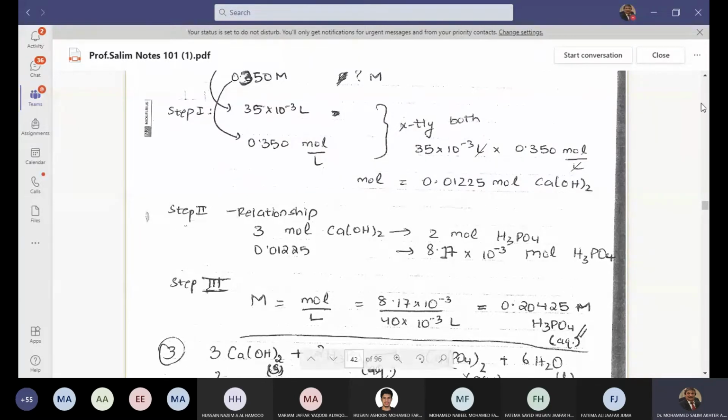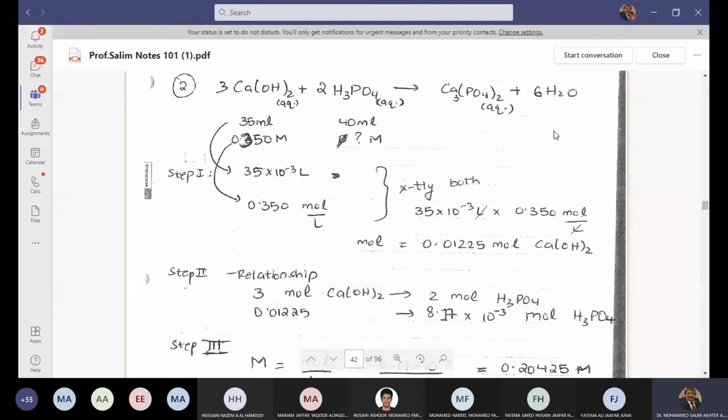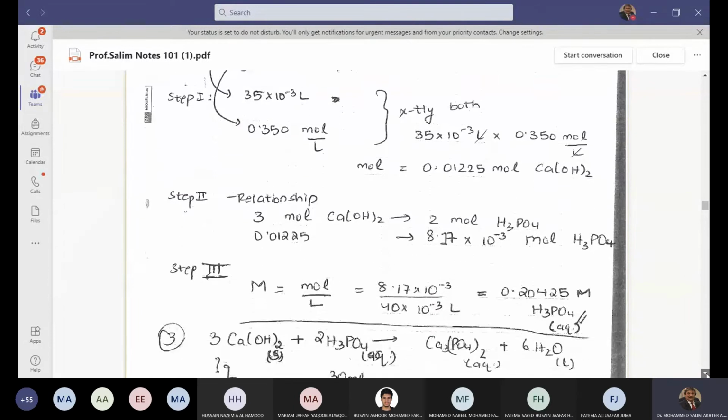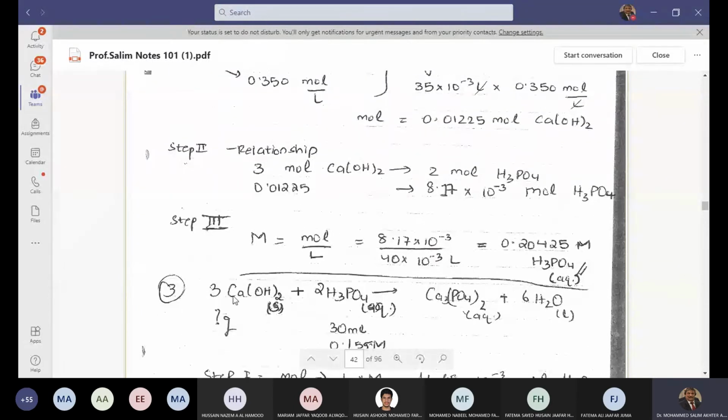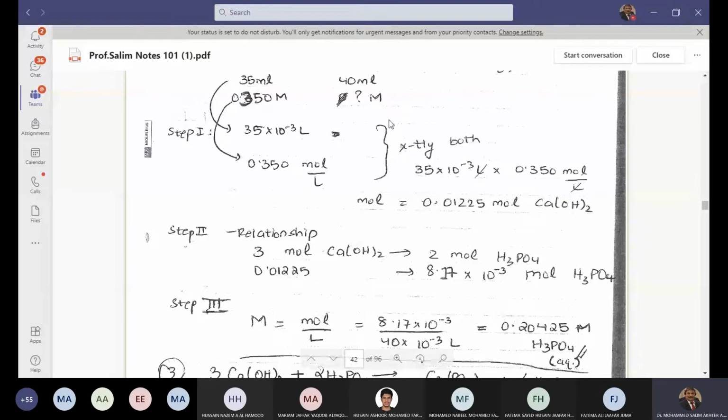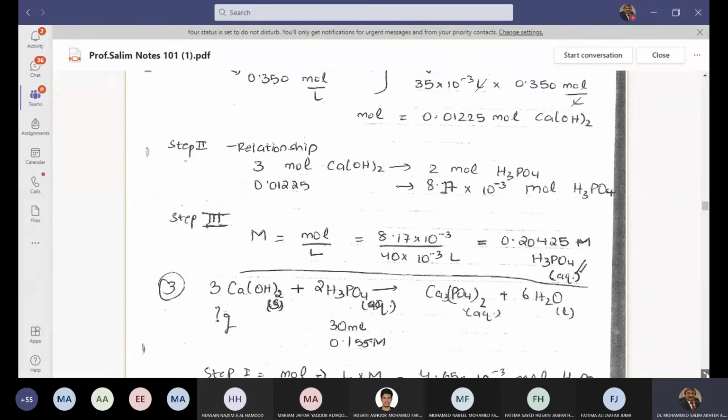What is my question? I want the molarity of phosphoric acid, and the volume is given. Go to step number 3 and always write down the formula. Molarity equals moles over liter. Do I know moles? Yes. Liters: I have 40 ml.